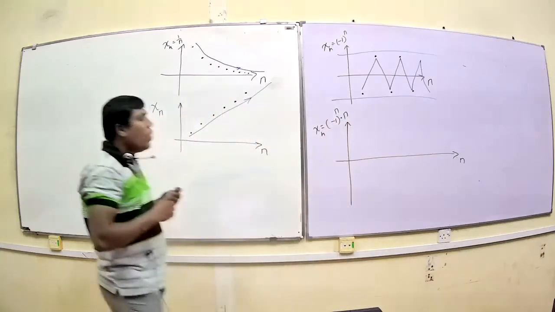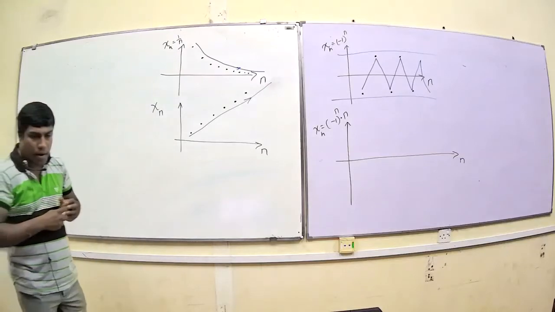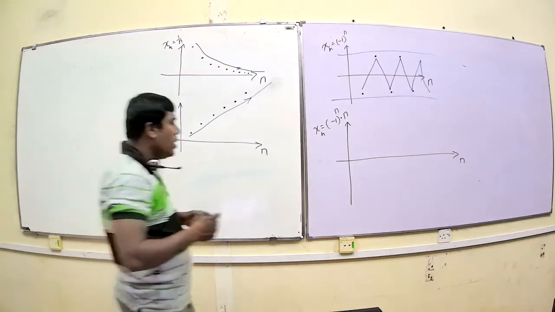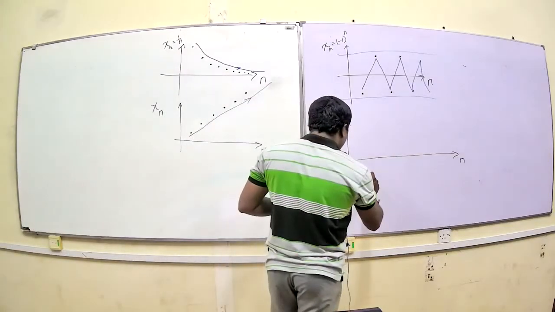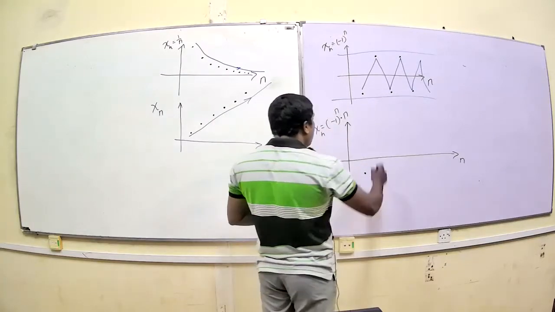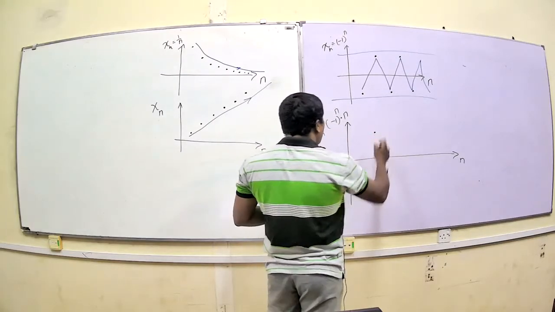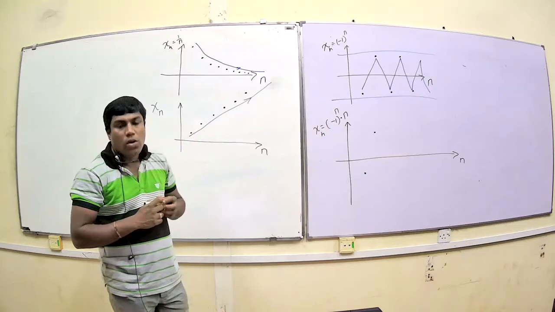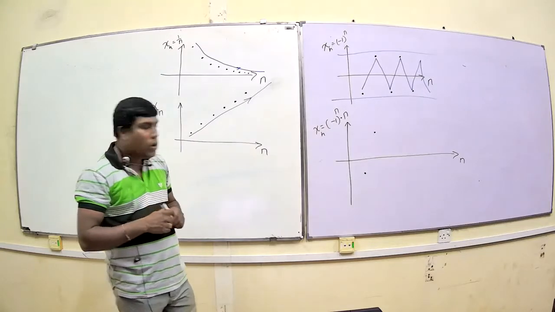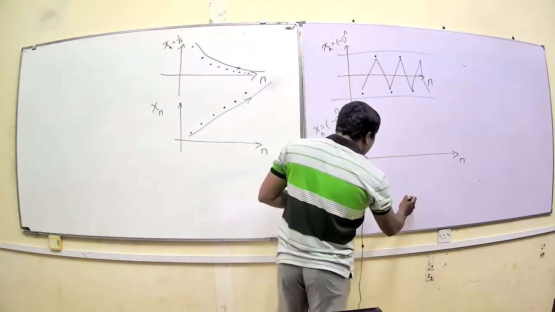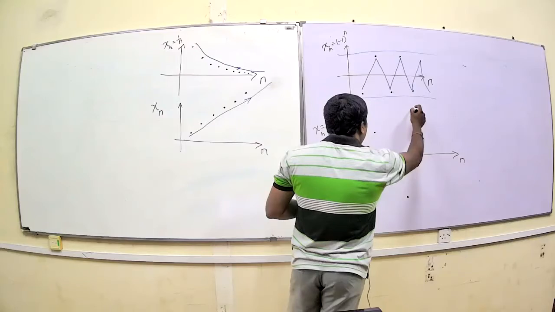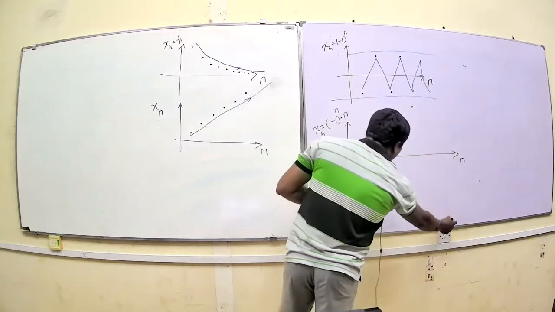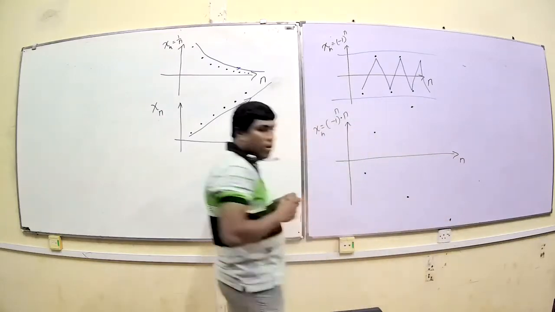The other example, xn is (-1)^n times n. When you put n equal to 1, you have minus 1. n equal to 2, you have plus 2, because 1 times 2 is 2. Then when n is equal to 3, you have minus 3, then plus 4, then minus 5.